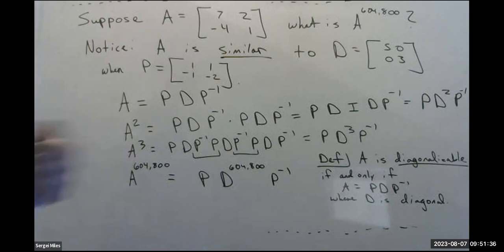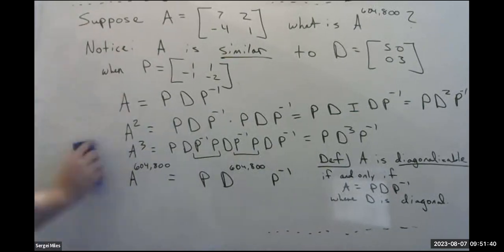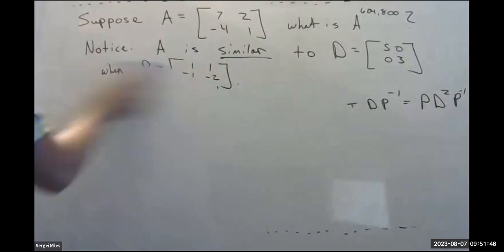I gave you an example where it is diagonalizable, but how do we tell? This is where the diagonalization theorem comes into play. And this is kind of the last big theorem we're going to talk about and use in this class. All right. The diagonalization theorem.